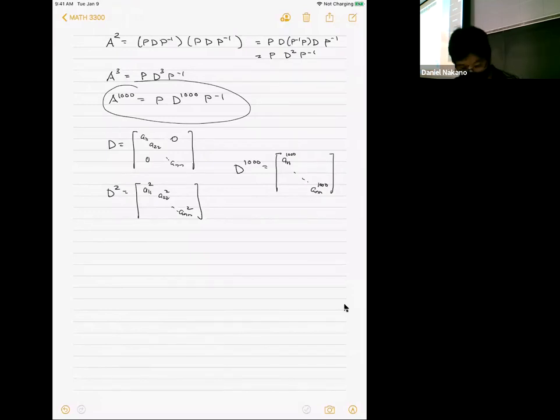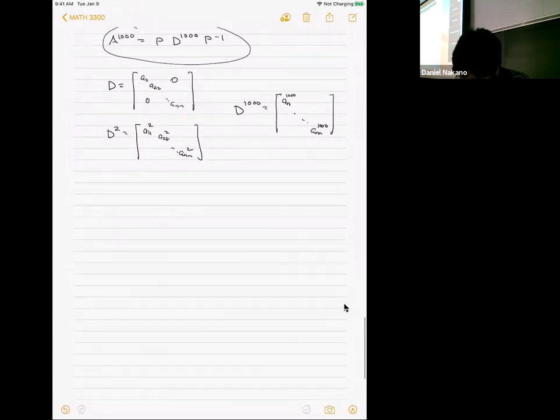All right, so let me do a problem that involves some numbers. Here's my A, and A will be [-2, 12; -1, 5]. Okay, it's a 2 by 2 matrix. And it turns out to factor as the following.